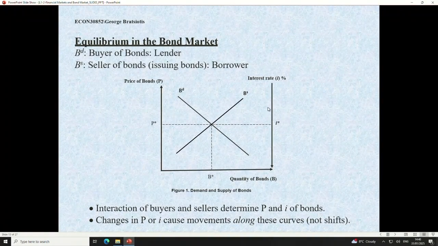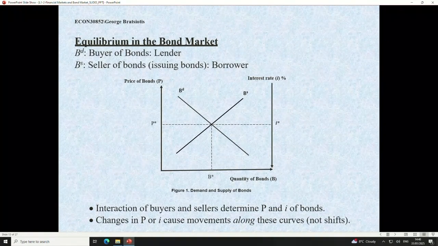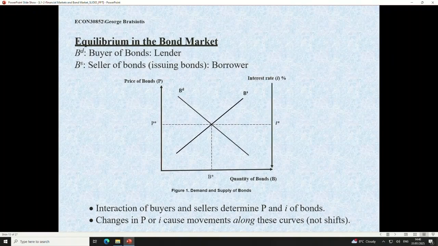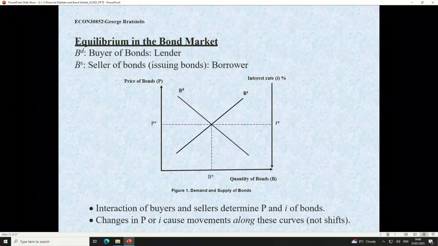The interaction of the two, demand and supply of bonds, bondholders and bond issuers, will come together. And at this point here, we'll have equilibrium. And that will determine the price and the interest rate.